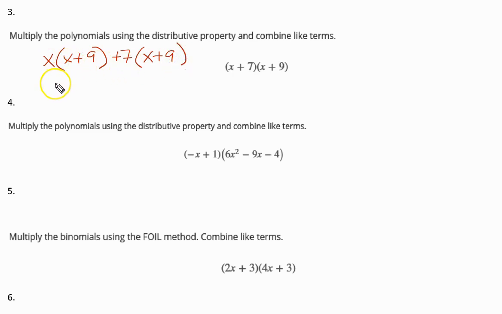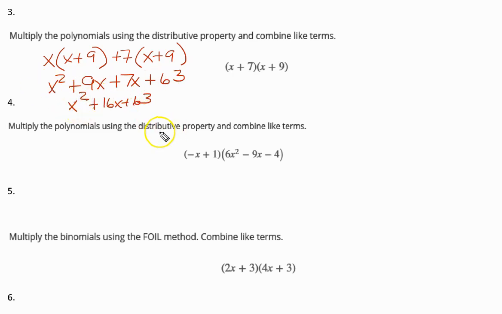So when you do that, you get x squared plus 9x plus 7x plus 63. Again, getting like terms in the middle, which gives us a plus 16x.